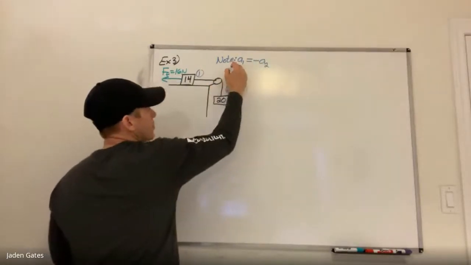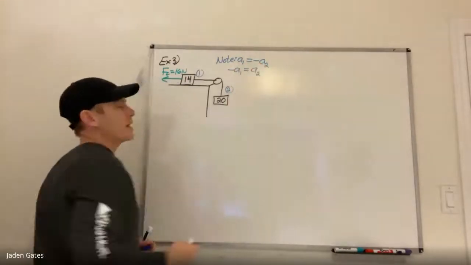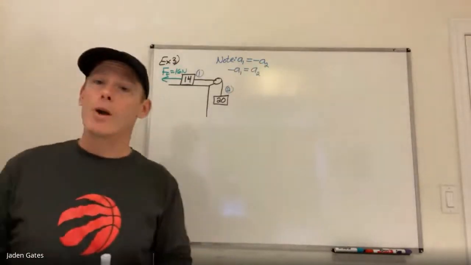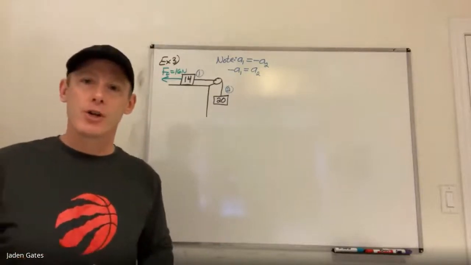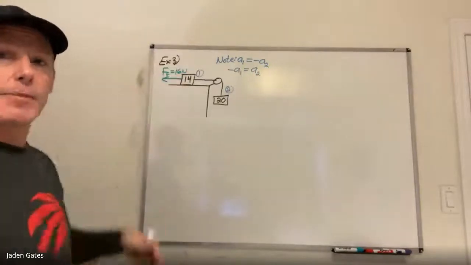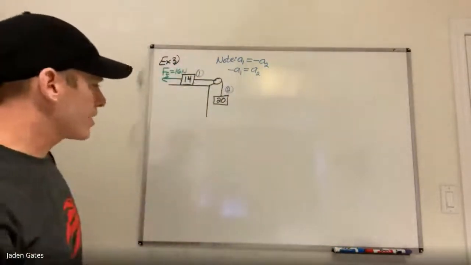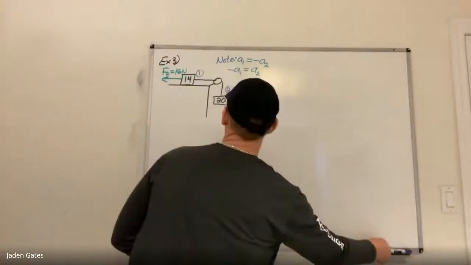Or they're the opposite. You could say negative A1 is equal to A2 because one moves to the right and one moves down. They move in opposite directions. Or say for some magical reason they didn't, one would move left and the other would move up. Again, opposite directions.